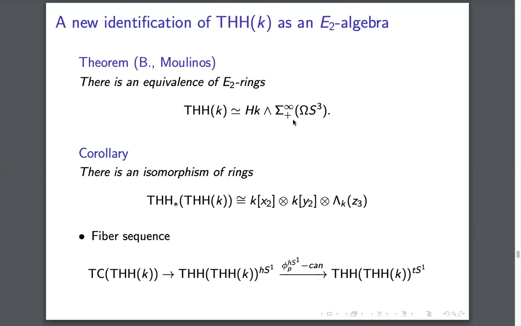But the problem is that you want that splitting to be a splitting of E1 algebras at least, right? So that you can input the ring structure in homotopy into the spectral sequences computing this. I see. Right, so if you have an E1 splitting, then the THH of it will split just as a spectrum, but you want an E2 splitting so that the THH splits as an E1. I see.